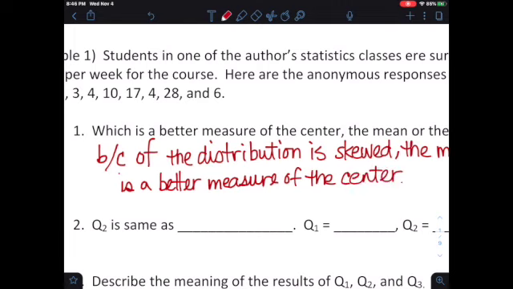Okay, now how do we do this by hand, just in case you don't have a calculator? Well, first of all, you need to put all your numbers in order.